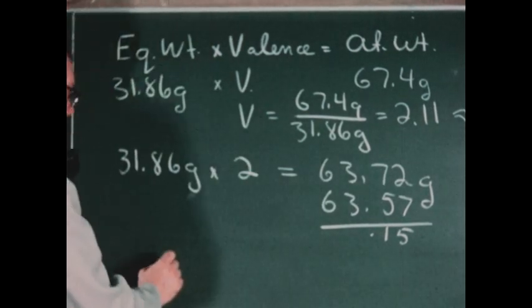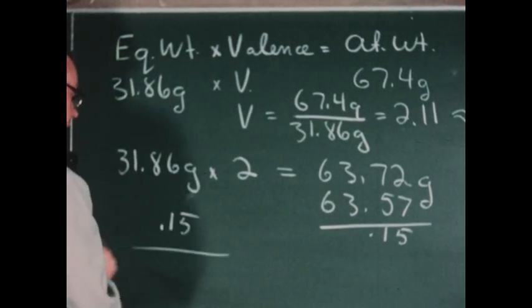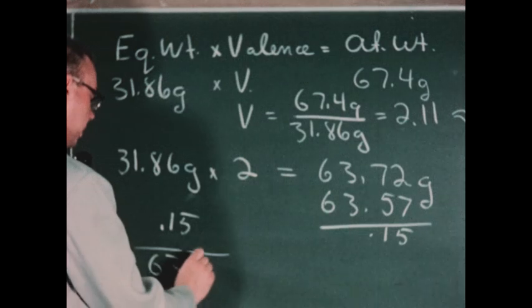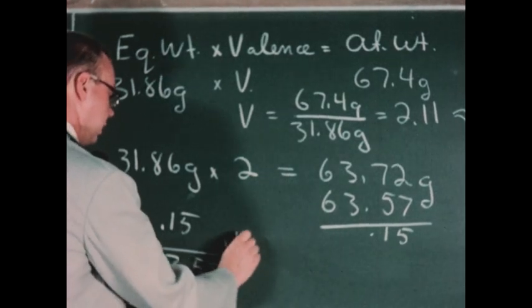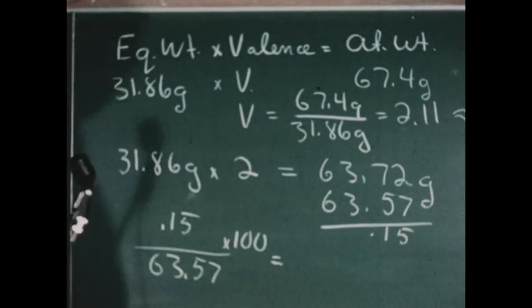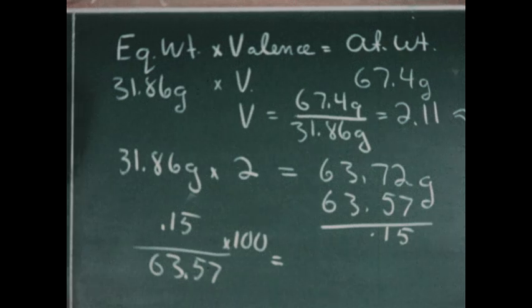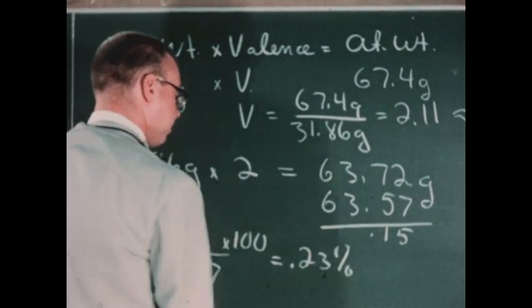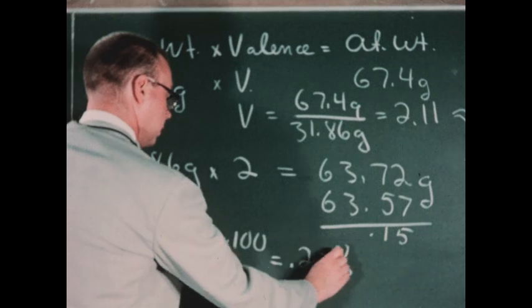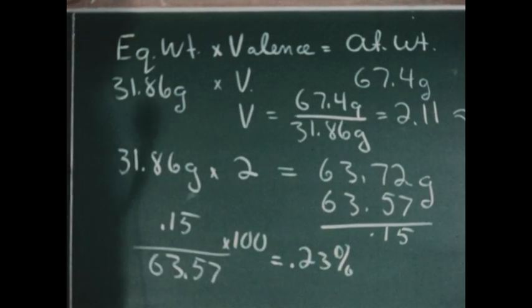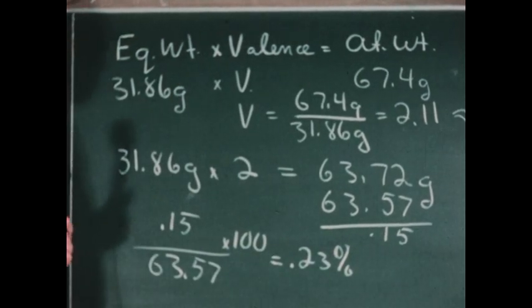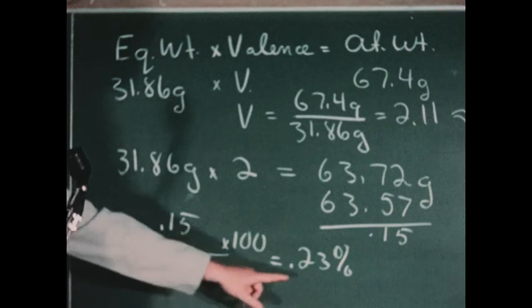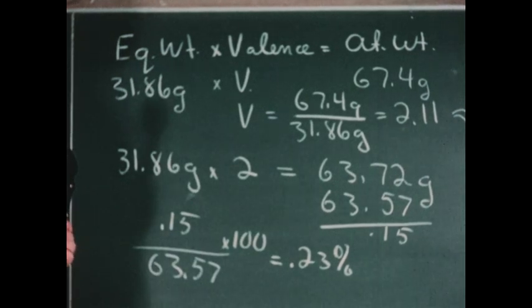And this gives us an error of 0.15 divided by 63.57 times 100, or 0.23% is our error. And considering the inaccuracies attendant to this particular method, this is certainly not an excessive error.